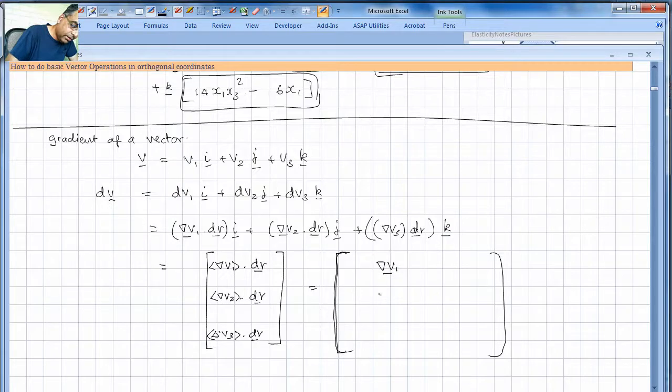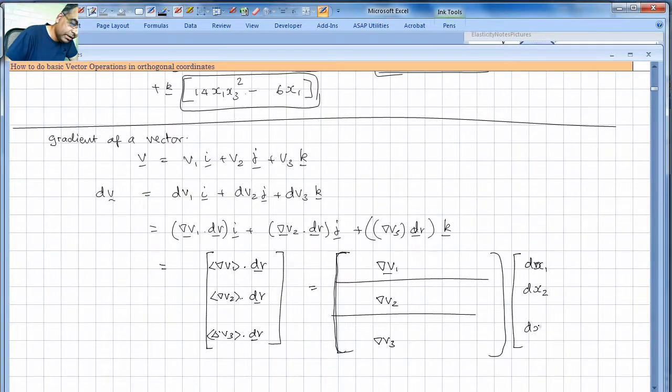Gradient of v1 here, gradient of v2 here, gradient of v3 here. These are all just gradients of scalars. That's all you have to do. Times dr, which is dx1, dx2, dx3. If I write this as a row vector, then we are done.